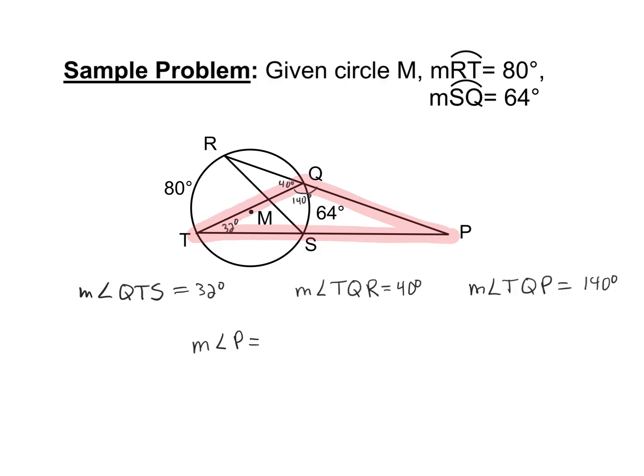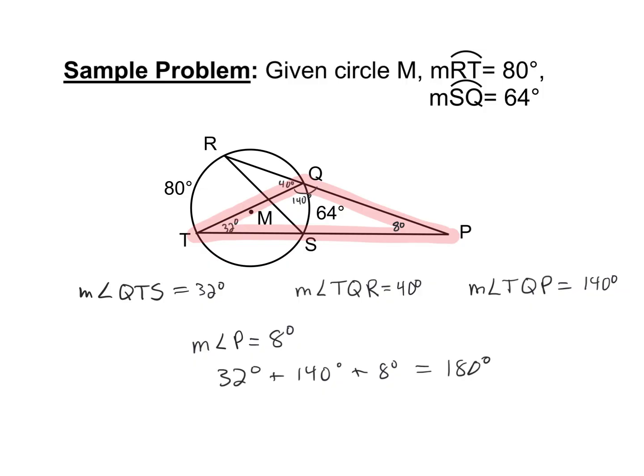And in that triangle, we know that this angle is 32, this angle is 140, and we know that all three angles must add up to 180, which means that this angle is going to have to be 8 degrees, so that my three angles, 32 plus 140 plus 8, add up to 180 degrees.